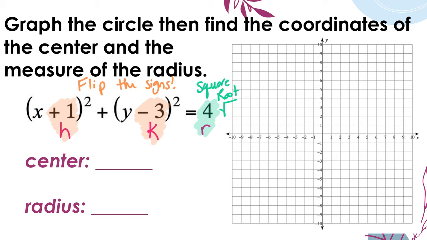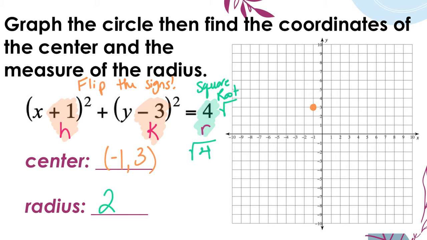Remember, there is a way that you can use your Chromebook calculator in order to give you this number. So my radius will come from the square root of 4, which means what number multiplied by itself equals 4? That would be 2. And then for my center, I need to make sure that I flip those signs. So I'm going to have -1 and +3. So I'll graph -1, 3.